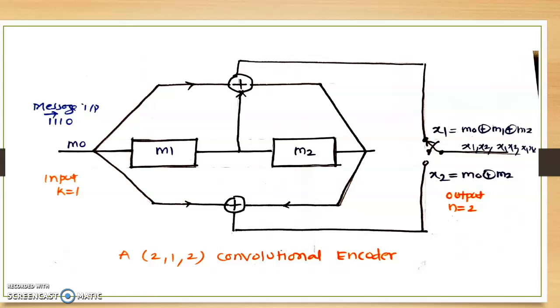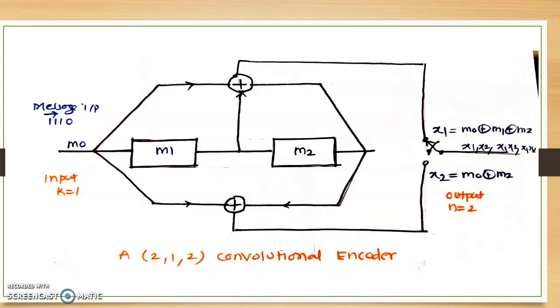Now the input is given at m0. So here in this example I have taken the input as 1110, and for the same message we'll see how to do the encoding using different methods.